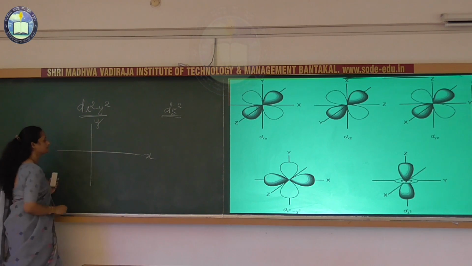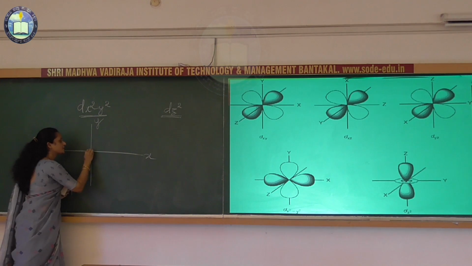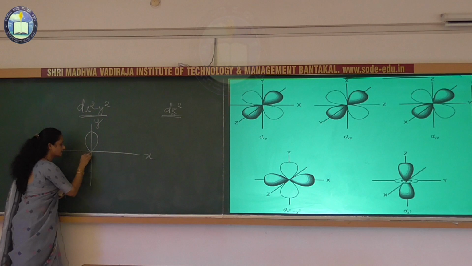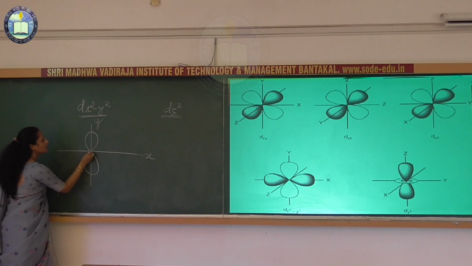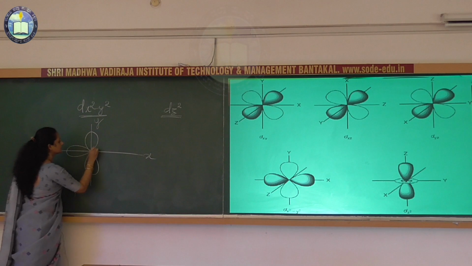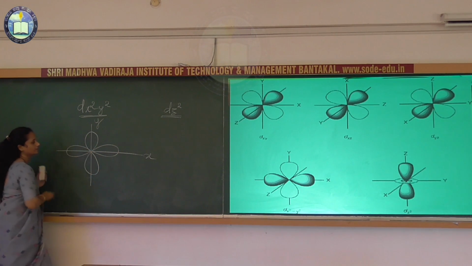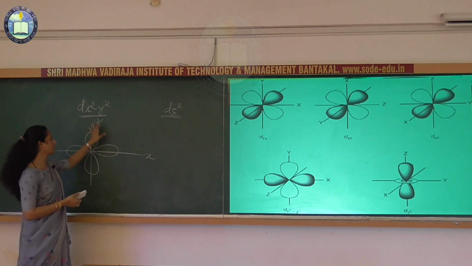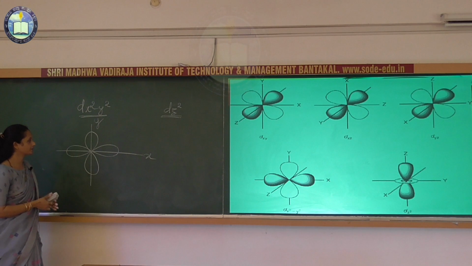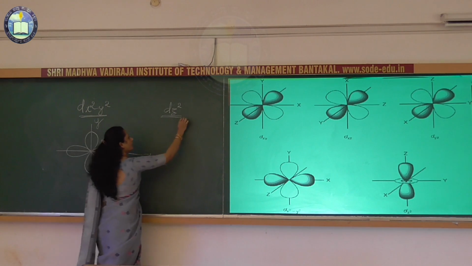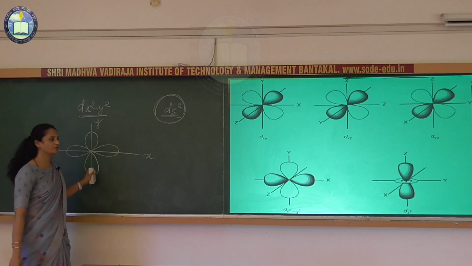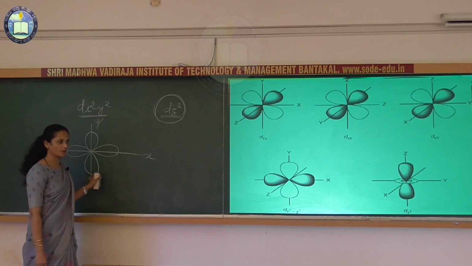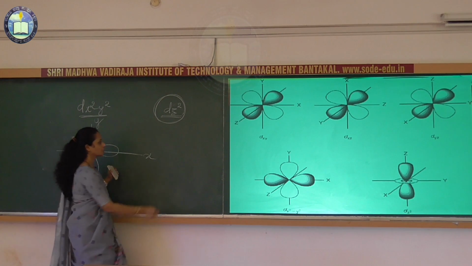Show the lobes on the x and y axis. Lobes must be represented on the x and y axis. For x square minus y square, the lobes are on the axis. dz square is the orbital with a different shape from the rest. So dz square is the orbital having a different shape.